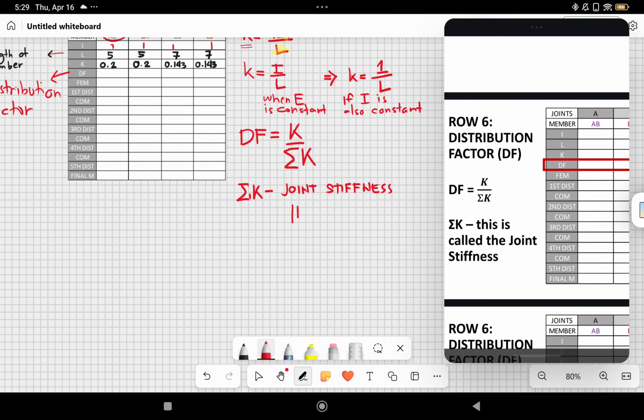sabihin natin meron tayong poste dito. Sabihin natin ito yung frame natin.